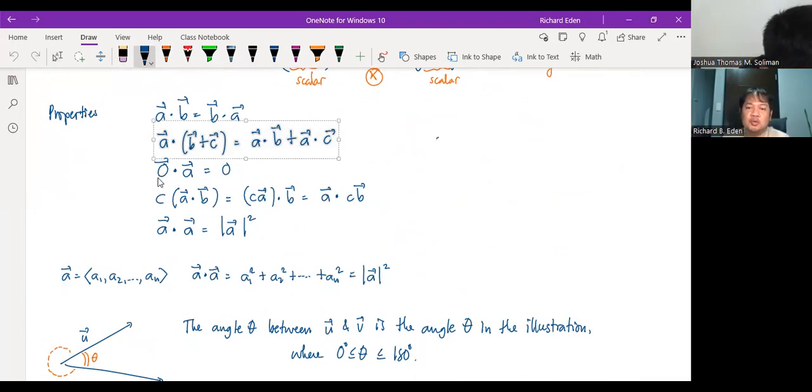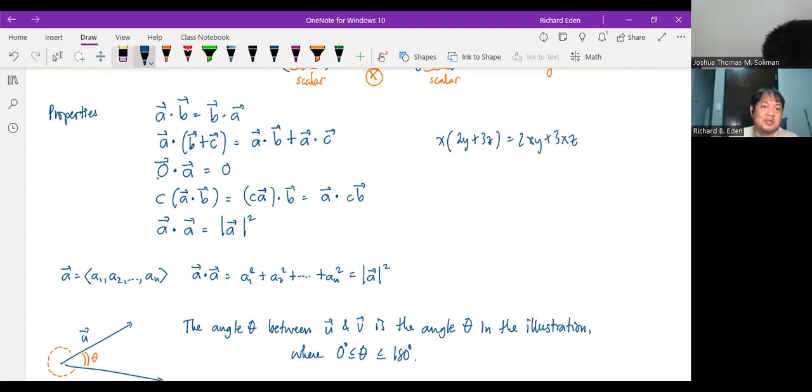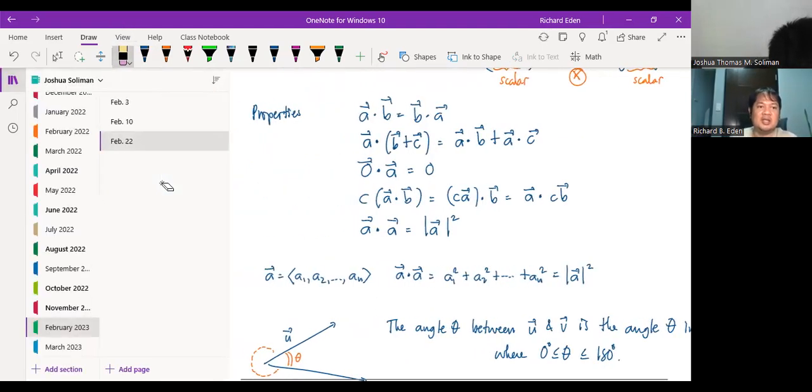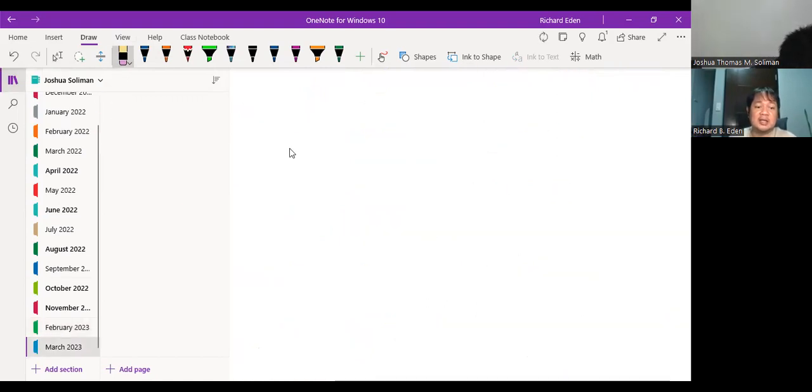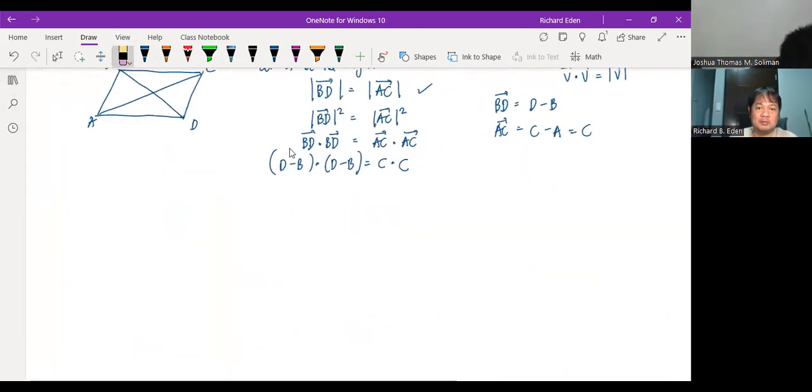I mean, if we're comfortable with writing x multiplied by 2y plus 3z is equal to 2xy plus 3xz, we're simply applying the distributive property. And because that applies as well to dot products, then we can be as comfortable with distributing vectors in a dot product as if we were working with polynomials.